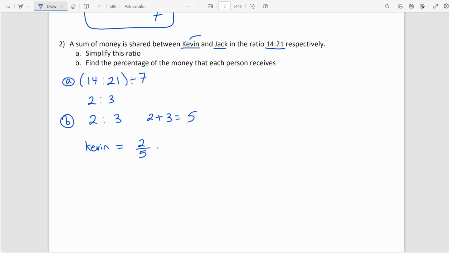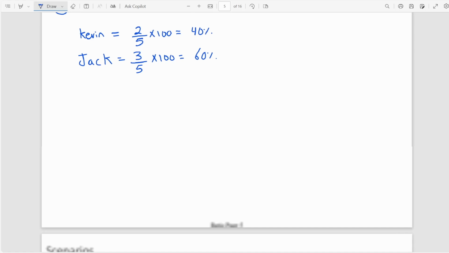Now, we want this as a percentage, so I will go ahead and multiply by 100, and we get 40%. And as for Jack, he receives 3 parts out of 5 whole parts, and multiply this by 100, and that gives us 60%. Okay, so I hope this was clear.